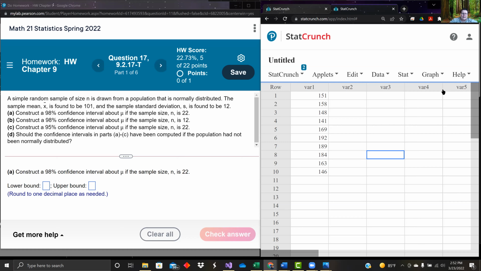The sample mean x is found to be 101. I'm going to write this down on my data. X bar equals 101. And it says my sample standard deviation S is 12.